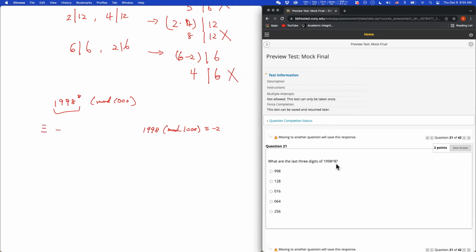Now, if you replace it with -2, what's -2 to the 8th power? So the answer will be 256.